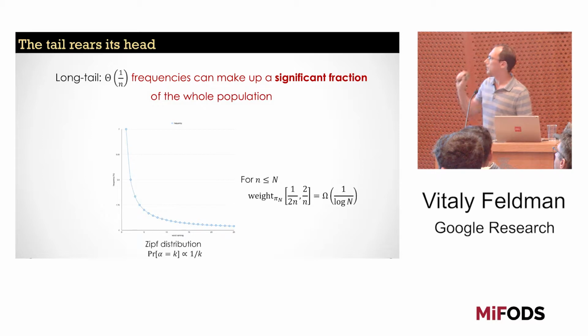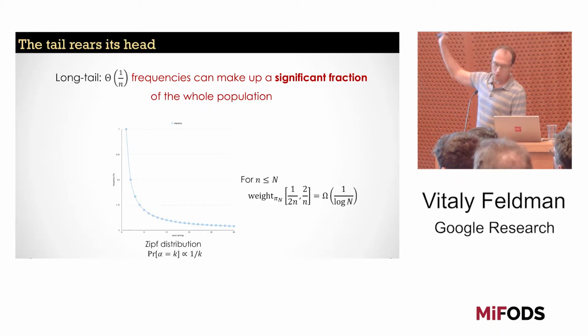The problem with this definition, the reason why it won't work for us, is that if capital N is sufficiently large, much larger than n, then for all algorithms, no matter what you do, you'll have very high error, and basically it doesn't really matter what you do. So this will not capture the kind of phenomena we're interested in.